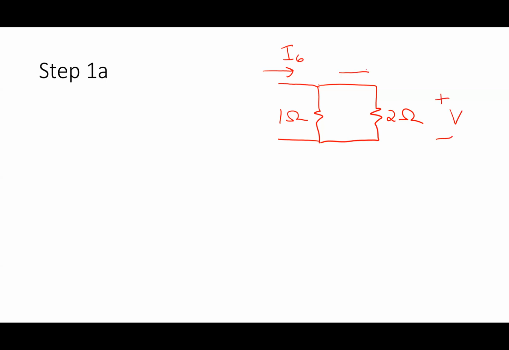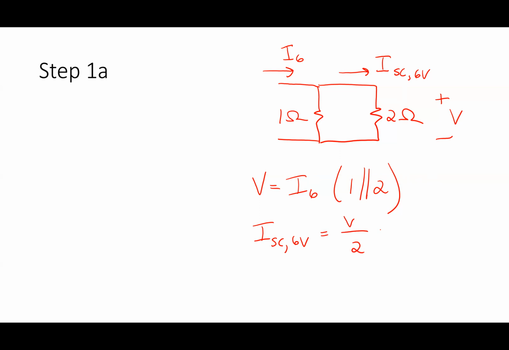If I want to find this current right here, I short circuit 6 volts, as I called it. The voltage across that thing, V, has to be I6 times 1 in parallel with 2. If I know the current entering that combination and I know the impedance, it's just I times R. And then to find I short circuit 6 volts, that's the current in that 2 ohm branch, so I take V and divide it by 2. That's my basic approach.